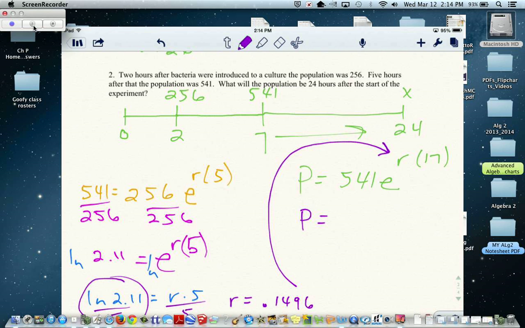I like to hit second ln because it gives me the e and the exponent. Then I do second negative to punch in my last decimal, the 0.1496483669 that I have on my calculator, times 17, and we come up with something right around 6,887.